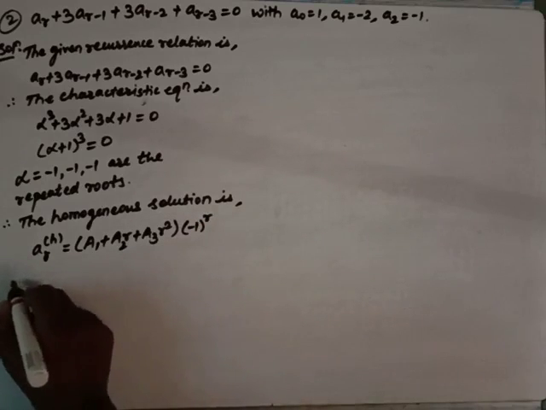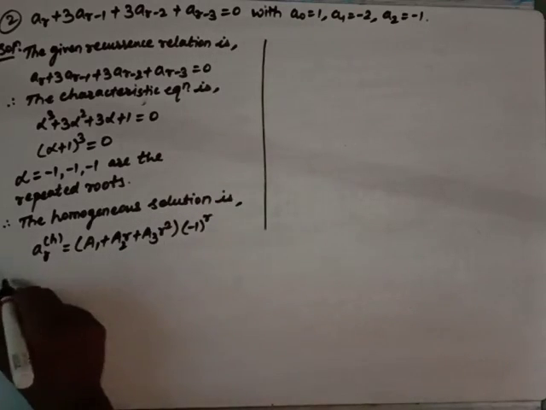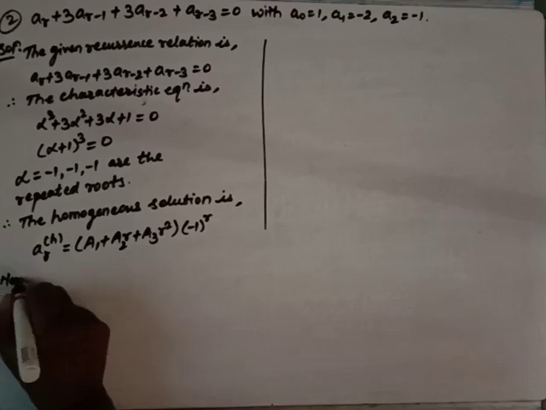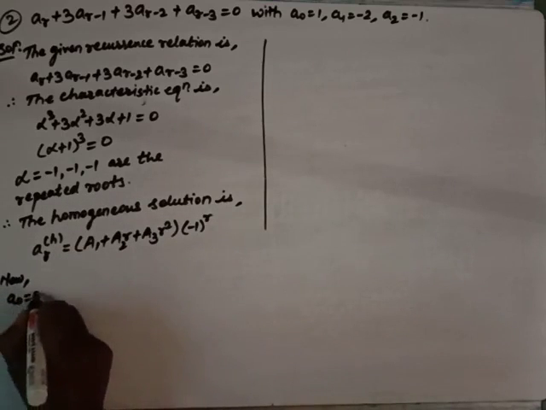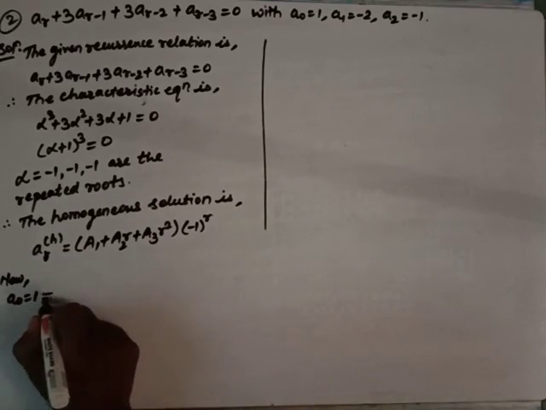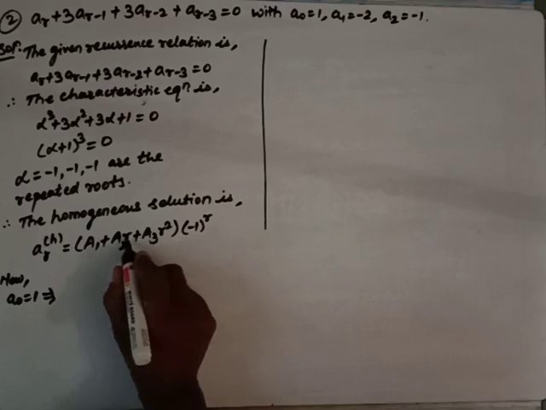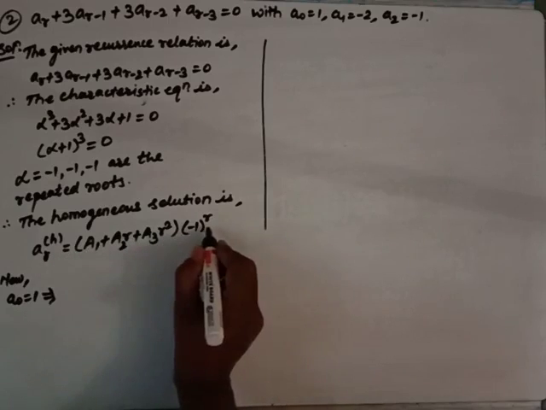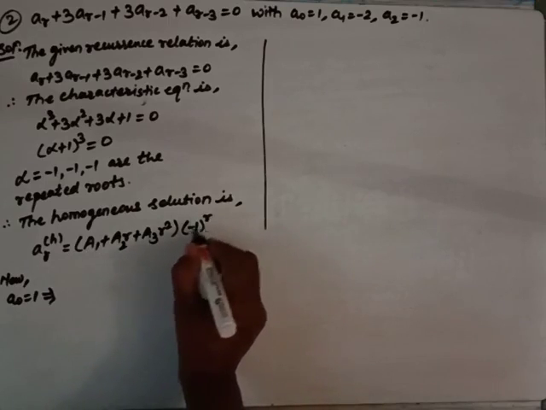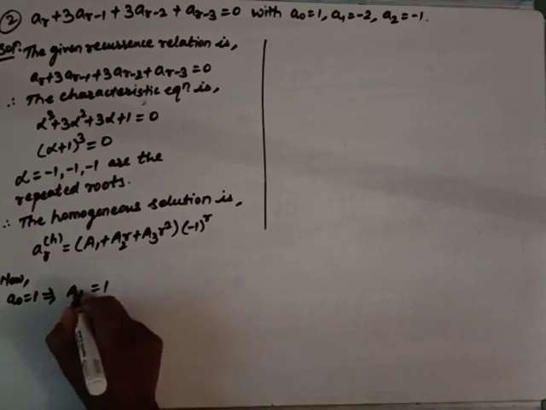Now we will use the initial conditions. a_0 = 1, so r is 0 and the two terms become 0. A1 times (-1) raised to 0, which is 1, gives A1 = 1.